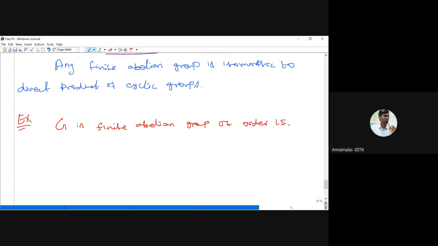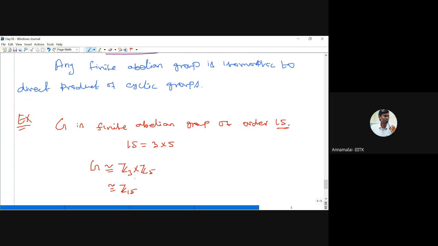So G is a finite abelian group of order 15. Now, how to write G as a direct product of cyclic groups? First we factor 15 into prime powers. 15 can be written as 3 times 5. Therefore, G is isomorphic to Z3 cross Z5. This is one way. Otherwise you can write it as isomorphic to Z15.